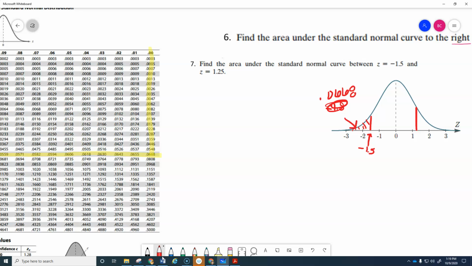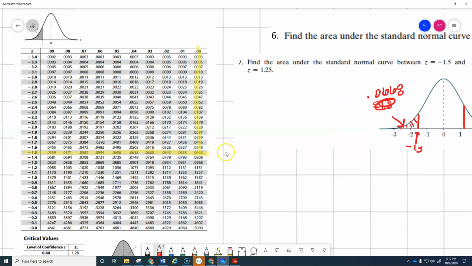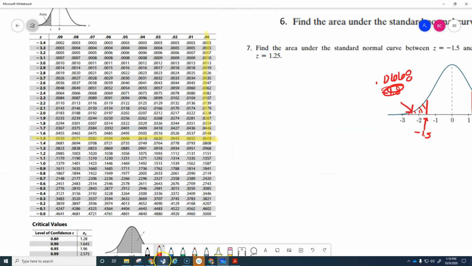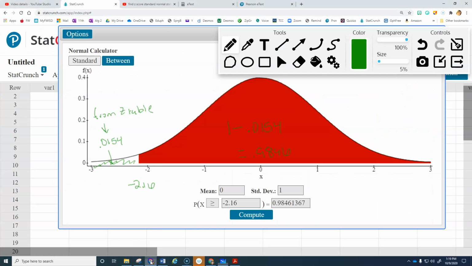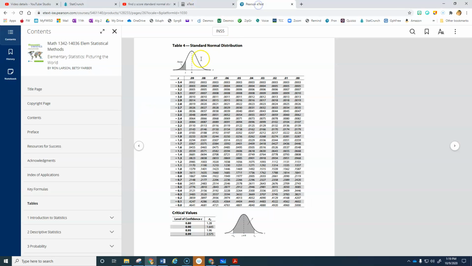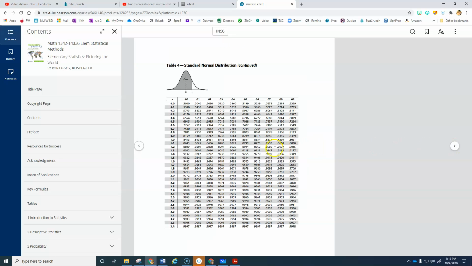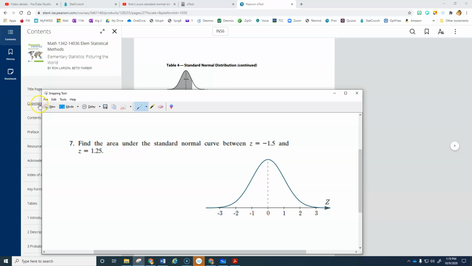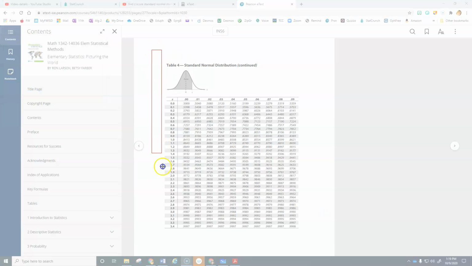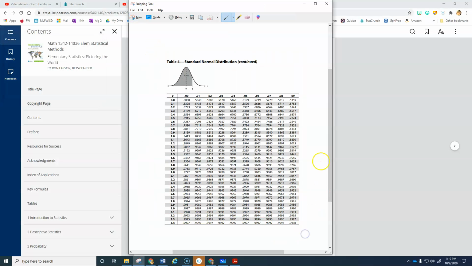Now, z 1.25, that's going to be the positive. I don't even have the positive numbers up here. Let me go back over here real quick and go to the next page. These are the positive numbers.